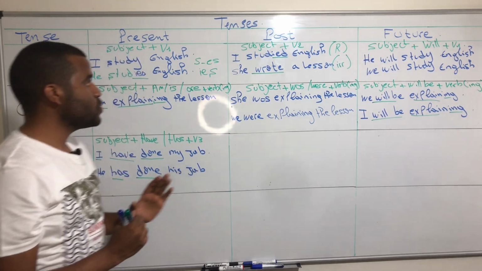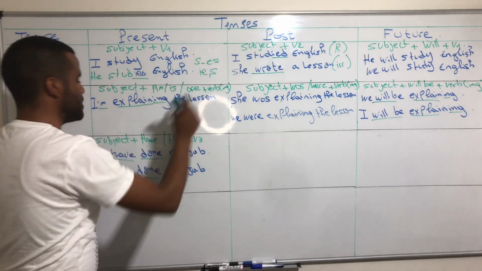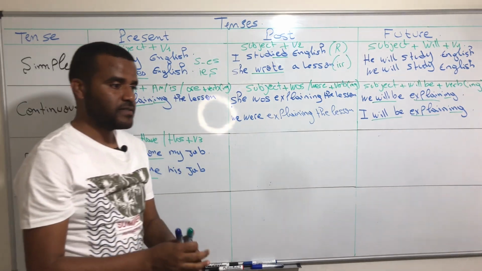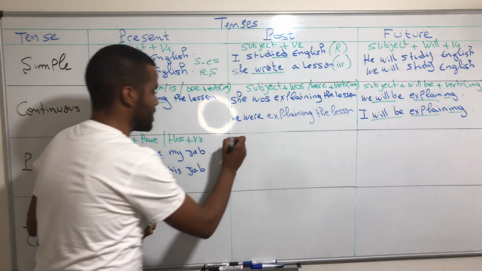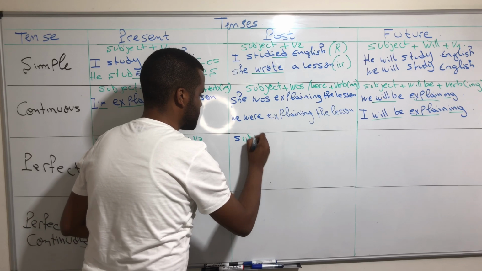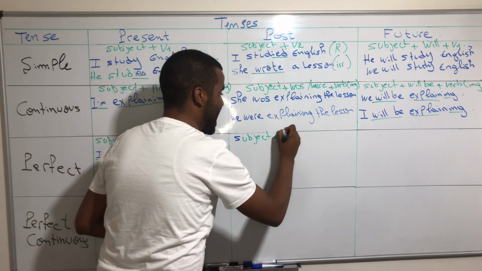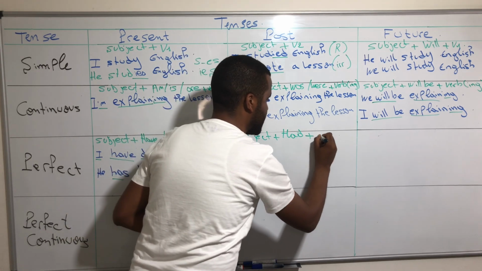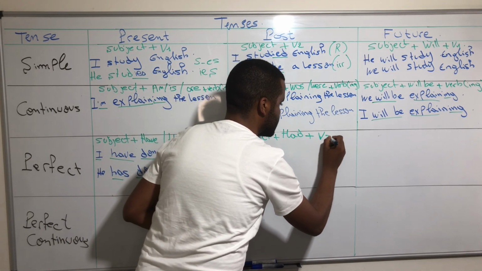Good. So we move to the past perfect. Concerning the past perfect, it is another thing. You need the subject plus had plus the past participle of the verb, the V3.